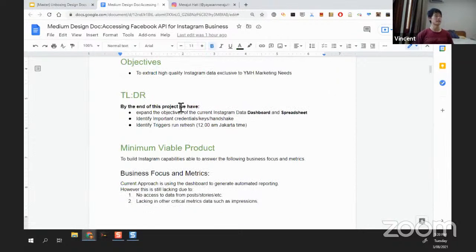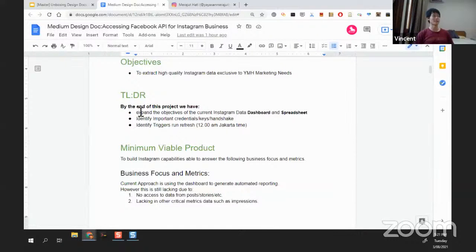And then there's the TLDR. The TLDR explains that we expand the objective, identify important credentials, identify triggers, run refresh, and so on. Notice that the objective and TLDR will be different depending on your audience. In this case, the audience is technical.